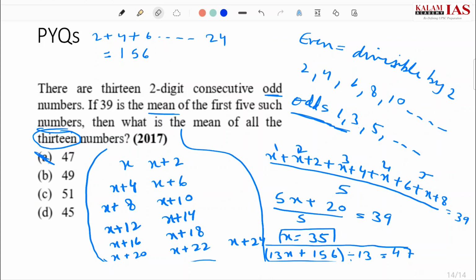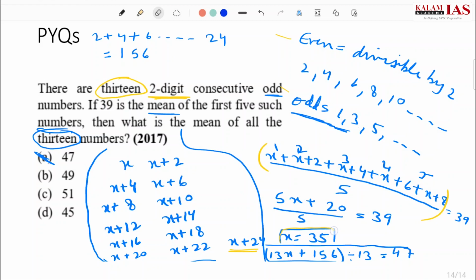I'll just summarize this again. We have even numbers and odd numbers. Odd numbers are not divisible by 2. Now they are saying that they have 13 two-digit consecutive odd numbers. So let x be the first number, the next number will be x plus 2, and that continues till x plus 24. Now the mean of the first 5 is given, we substitute these values to get our first number.